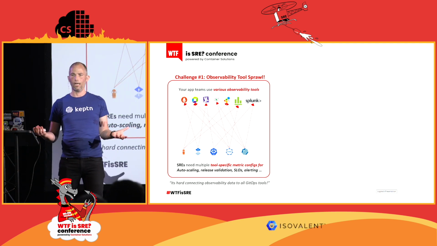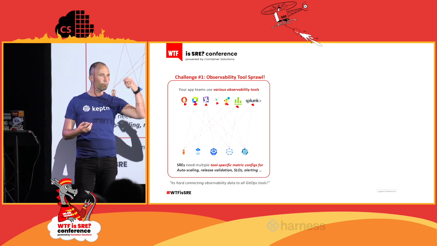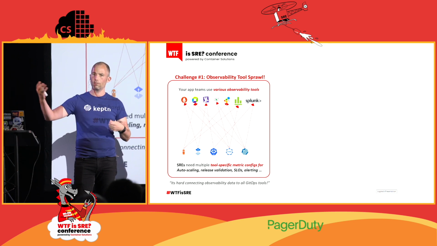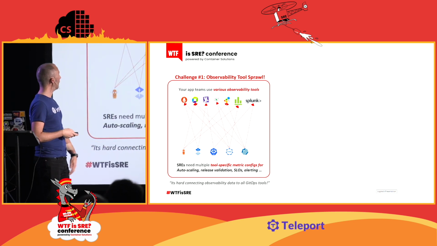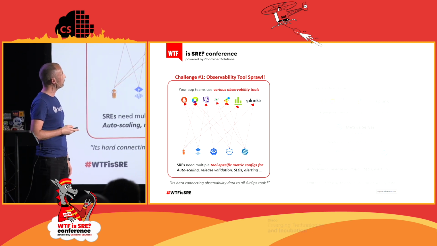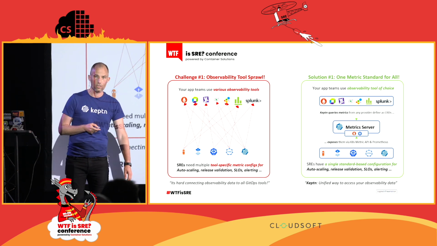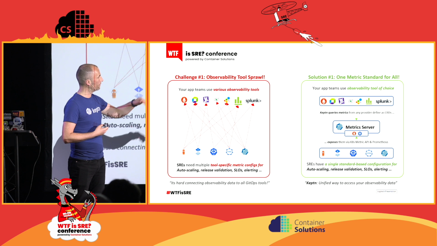And if you're building a pipeline, if you're building a platform, you need to somehow figure out, if a new observability tool comes in, how do we connect this to all the other tools that need to make observability-based decisions? And that's why I always call it observability tool sprawl. We need to have a standard for this. And the standard I want to propose is coming out of the CNCF project that I'm representing. It's the Keptn metric server.